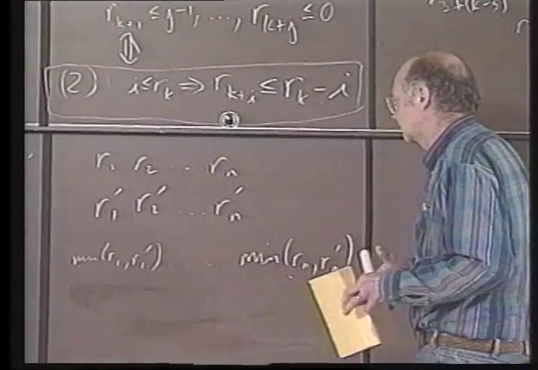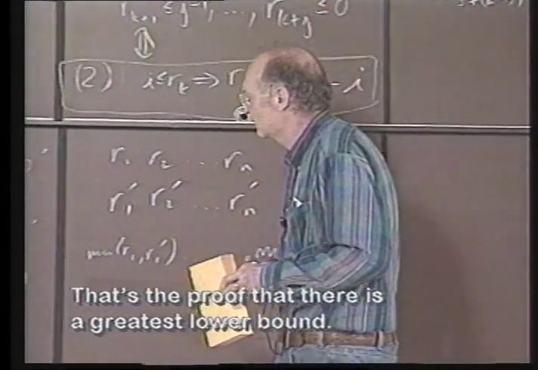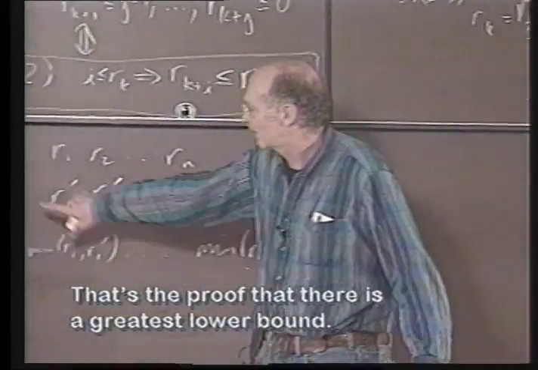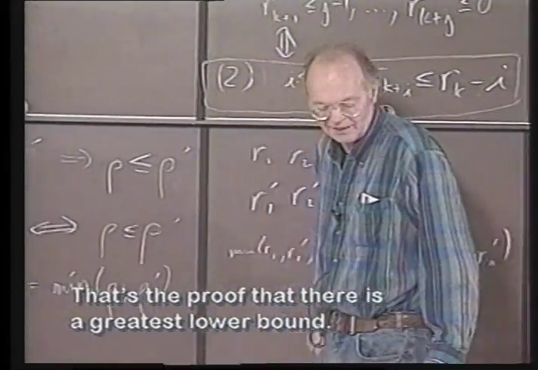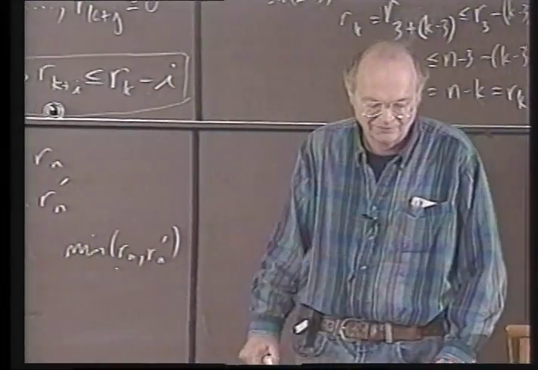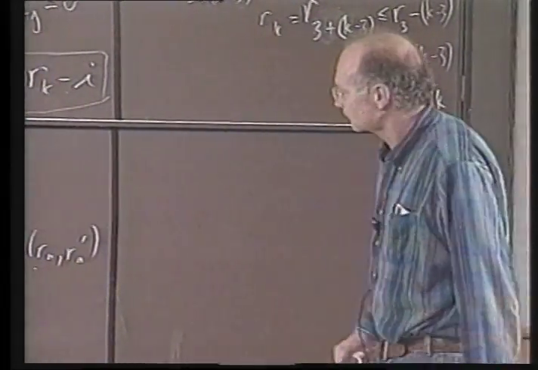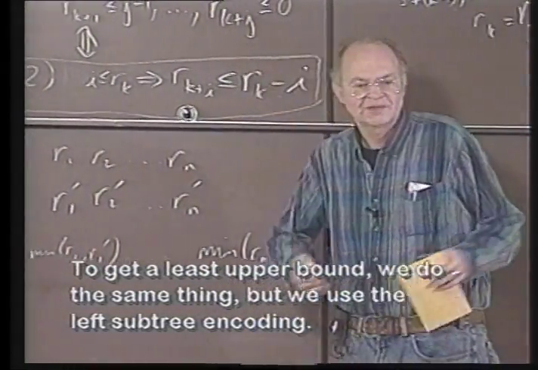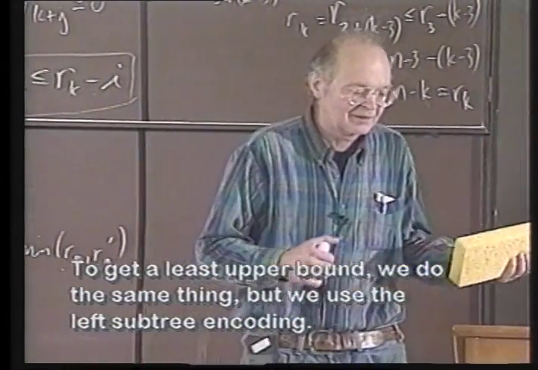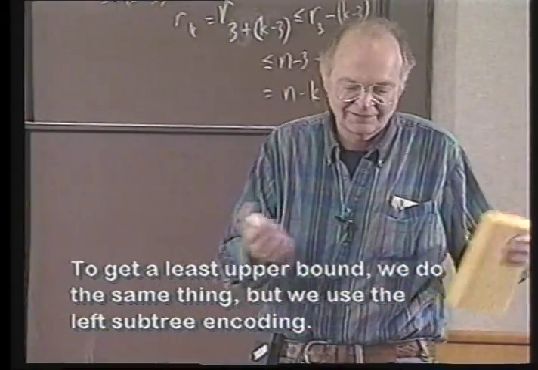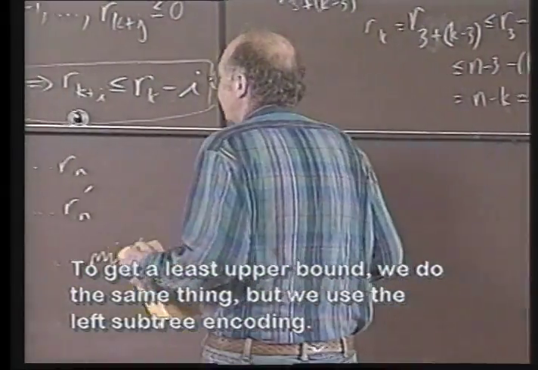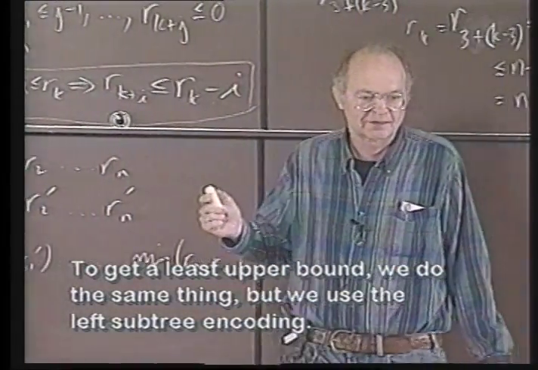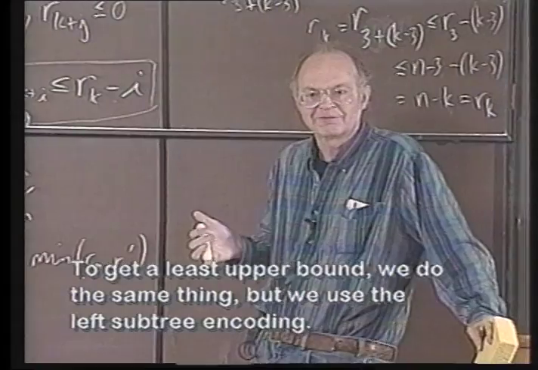So that's the proof that there is a greatest lower bound. I haven't proved the other side of this law, but as soon as I prove that, then I've got a greatest lower bound. To get a least upper bound, we do the same thing, but we use left subtree encoding instead of right subtree encoding, and then we take the minimum of those.